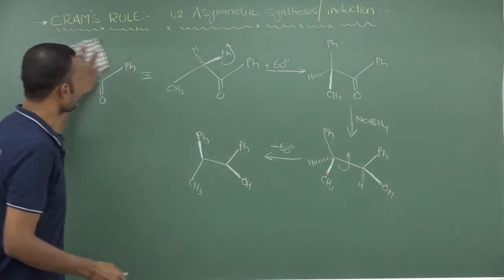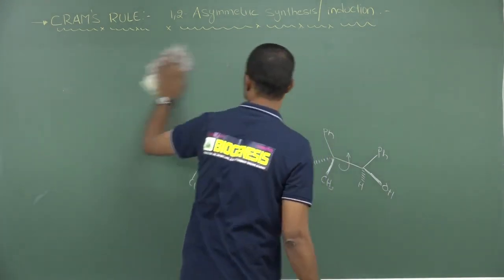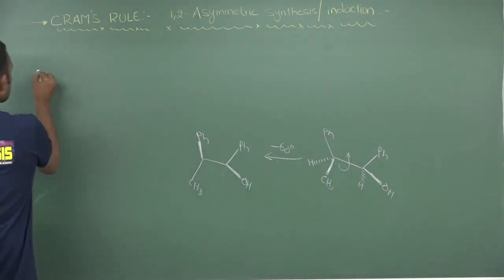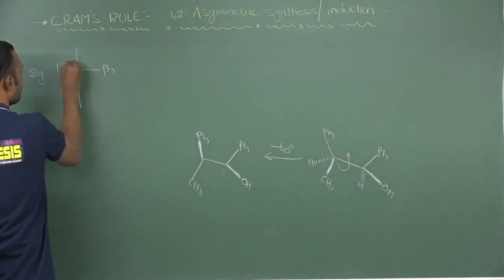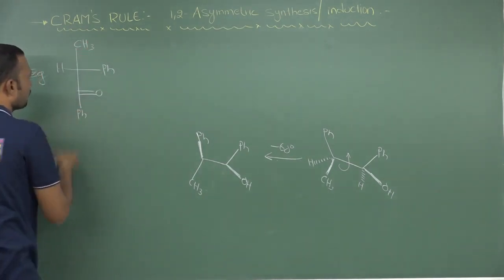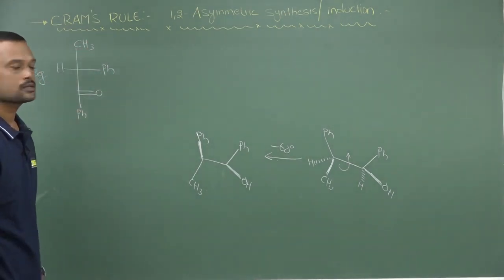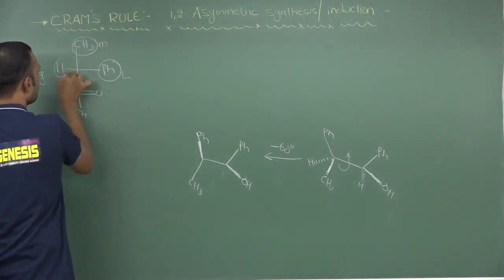I will show one more example. Okay. First of all, if a molecule is given, you try to represent it like this. Suppose they give it like this, CH3 and here carbonyl, and I am writing phenyl. Is it a suitable Cram's model? Here, this is the large group, this is medium and this is small.